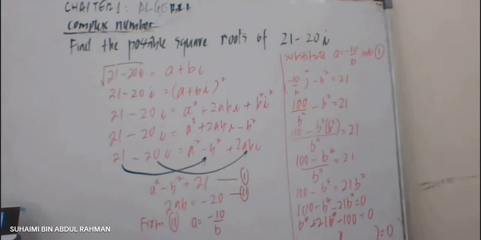So we have b square minus 4, b square plus 25.